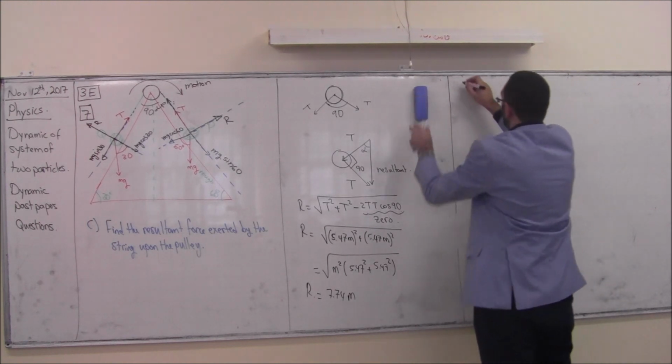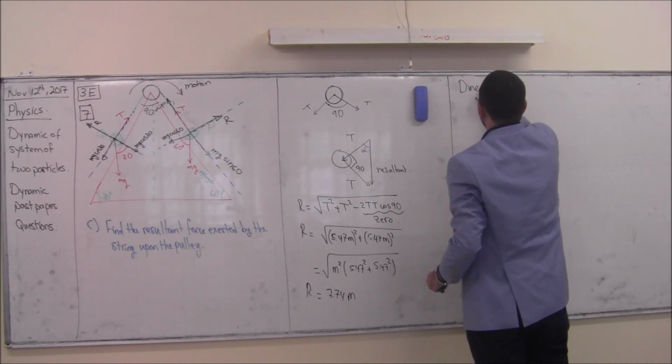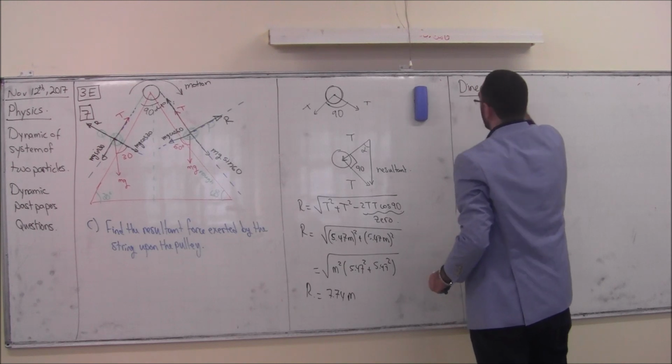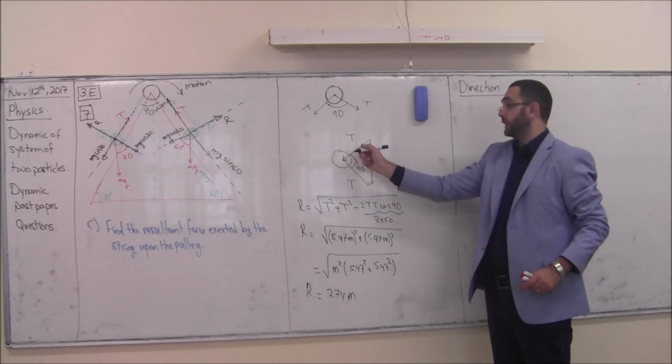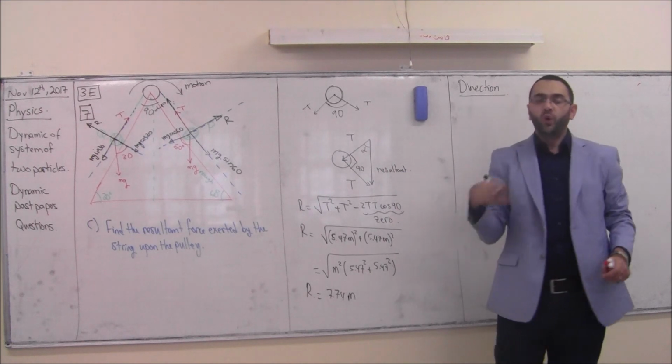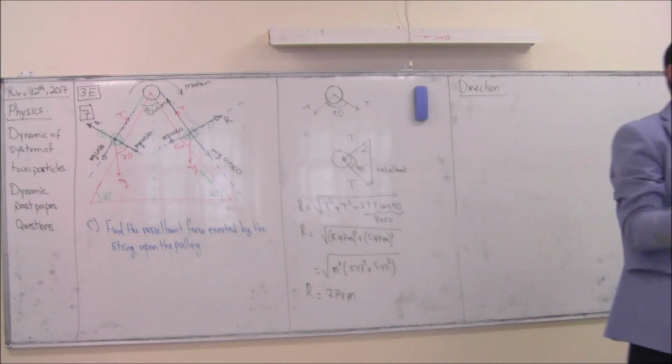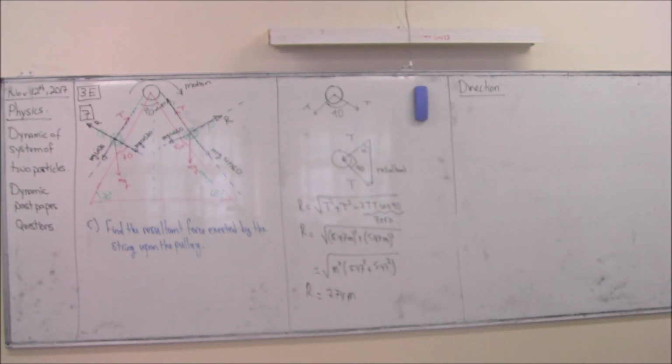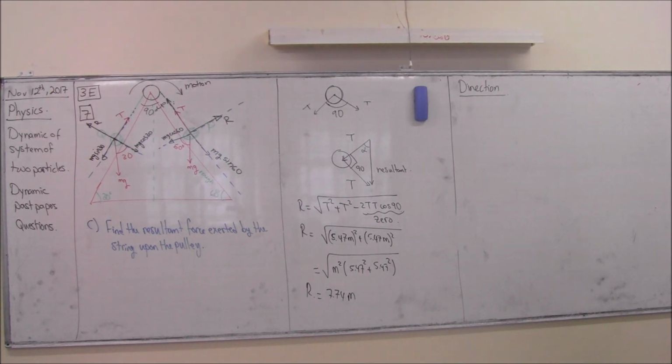If you would like to find the direction, we have to find alpha. We always take alpha with the tail of the resultant force. This one.